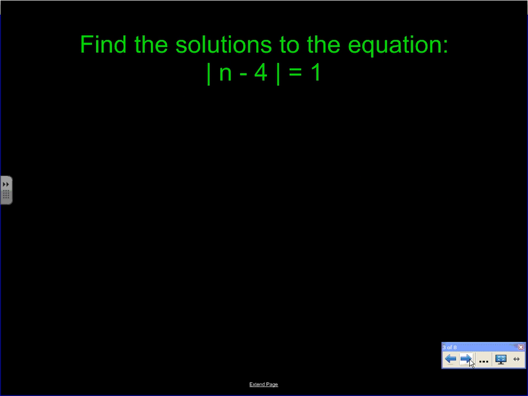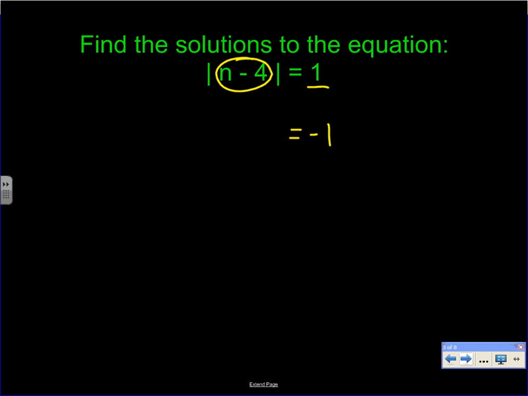Using that concept, when we do an absolute value equation problem like this one, it says the absolute value of n minus 4 is equal to 1. Whatever is in the absolute value must equal positive 1 and must equal negative 1.